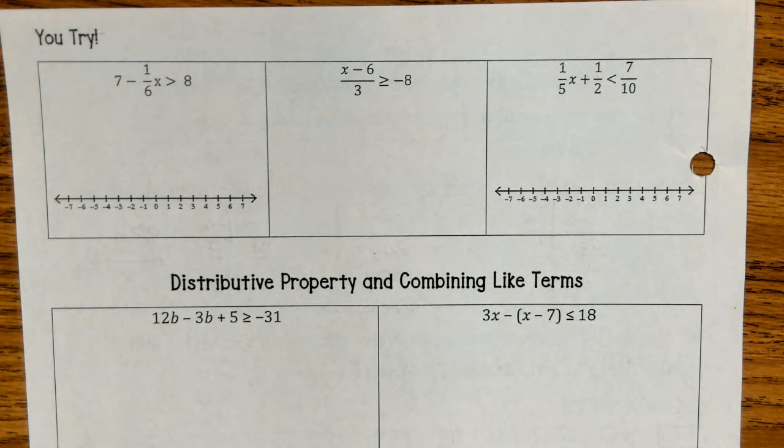Okay, let's do this. Multiplying by 6 is not going to go first. We're going to do positive 7. Plus 7 minus 1.